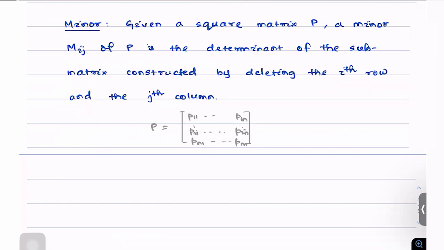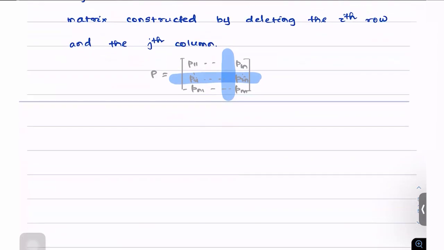Now, the minor Mij would require us to first delete this particular row i and then some column j here. Then whatever matrix remains, we take the determinant of that, and that simply gives us the minor of the matrix. Now, the cofactor is derived directly out of the minor.